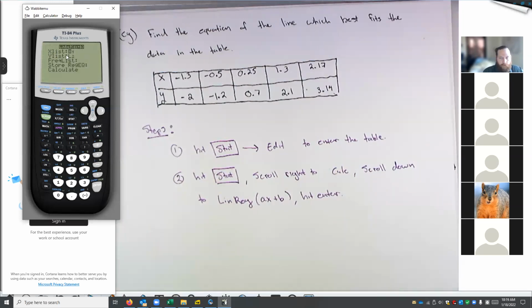Some calculators will do this, others will not. The TI-83 assumes you put the X's in L1 and assumes you put the Y's in L2. If you want to change that, this is where you can change that. Don't worry about any of the other stuff. Just make sure your X's are in the right place, your Y's are in the right place, and then you come down to calculate and hit enter.